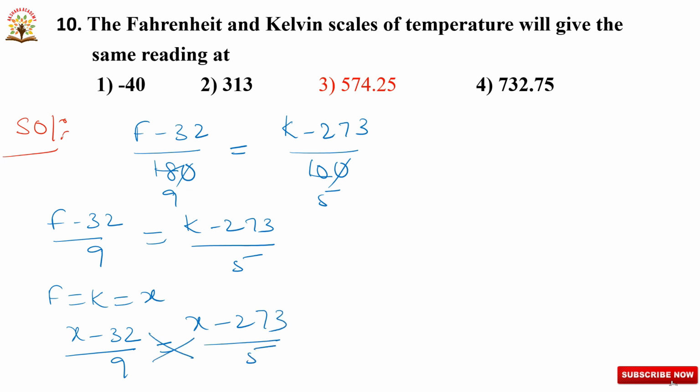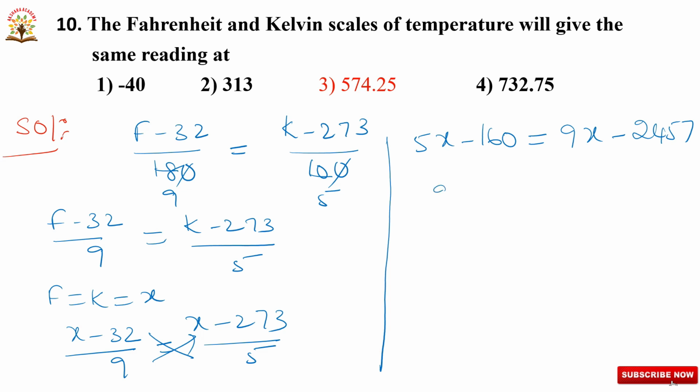Now taking cross multiplication, 5 into x, 5x minus 32 into 5, 160, that is equals to 9 into x, 9x minus 273 into 9, 2457. So here we are taking 9x minus 5x is equals to minus 2457. This minus 160 going this side becomes plus 160.